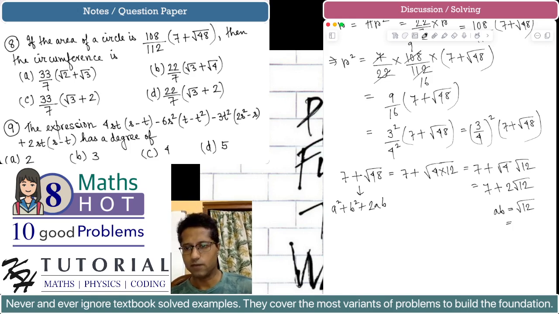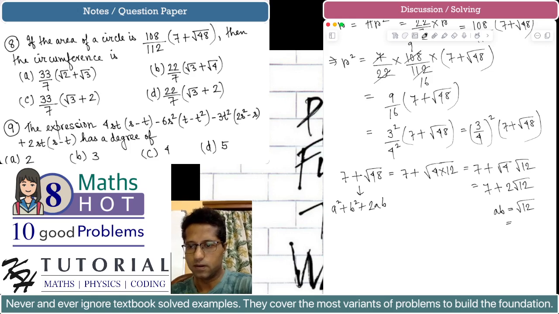Now how can we factorize 12 as two numbers a and b such that ab is equal to square root of 12, and also a square plus b square will be 7?